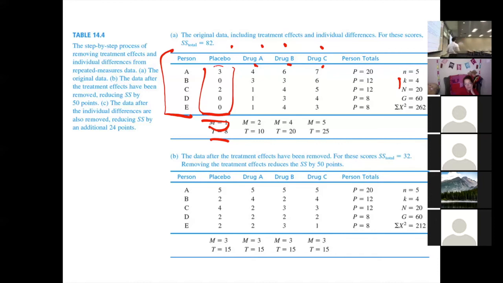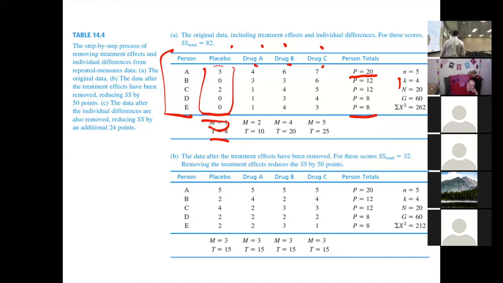And so now we're adding one new tidbit here. We're adding these P values, except they're not the p-values we normally think of, right? So this is capital P. And so these are the person totals across the treatments. So for person A, we add up 3 plus 4 plus 6 plus 7, which does equal 20.